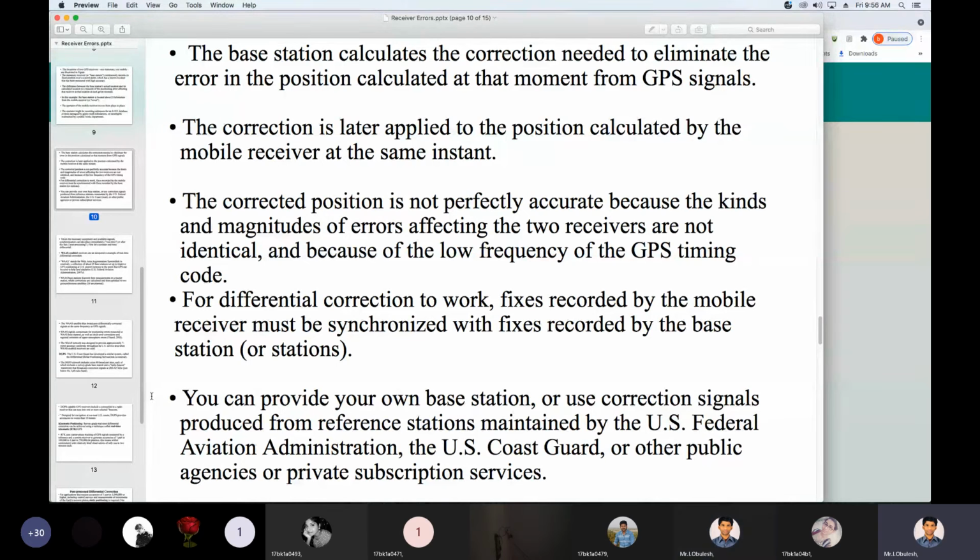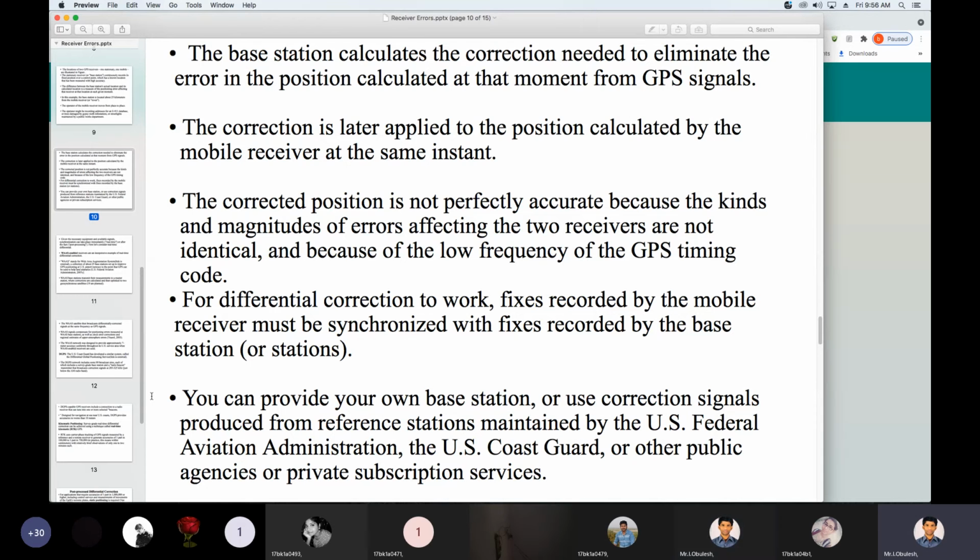The corrected position is not perfectly accurate because the kinds and magnitudes of errors affecting the two receivers are not identical, and because of the low frequency of the GPS timing code.